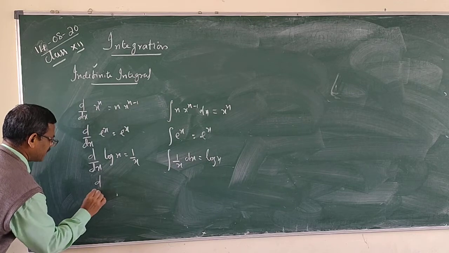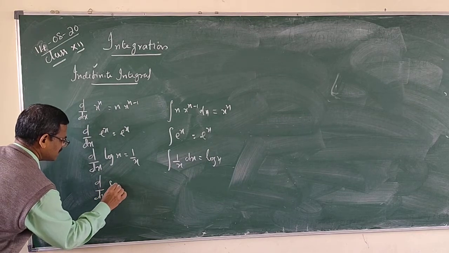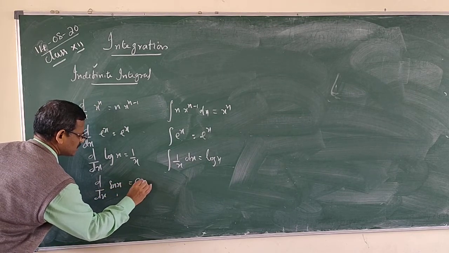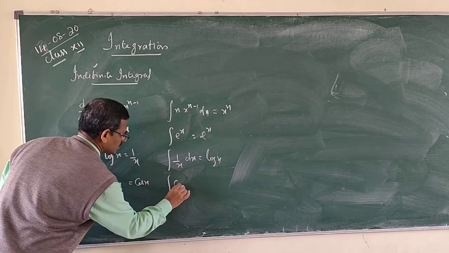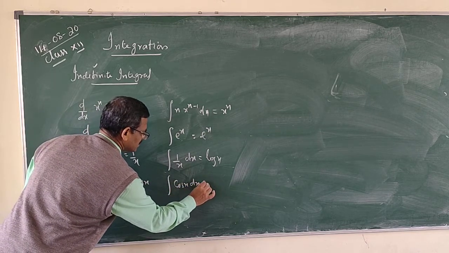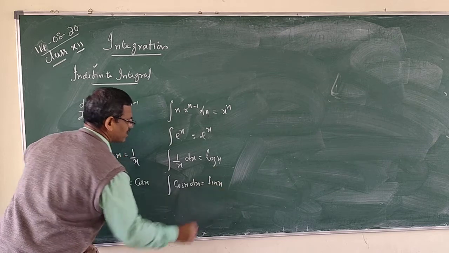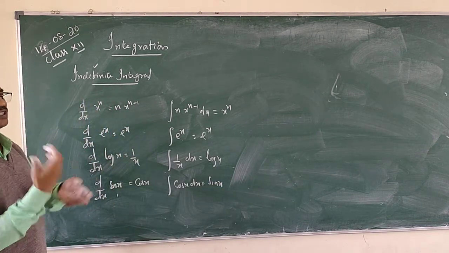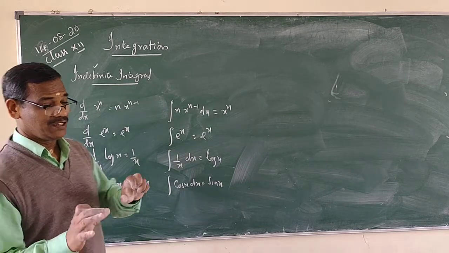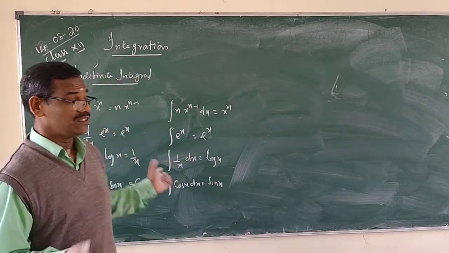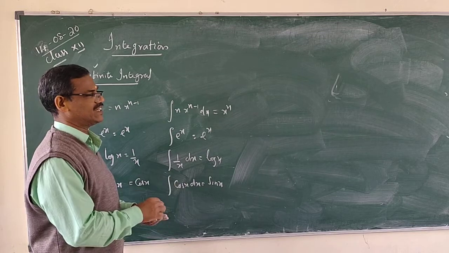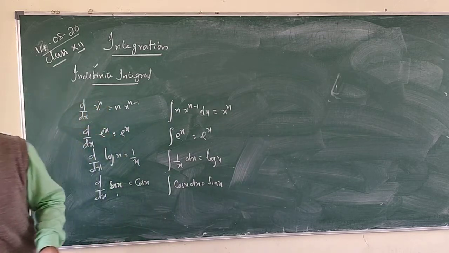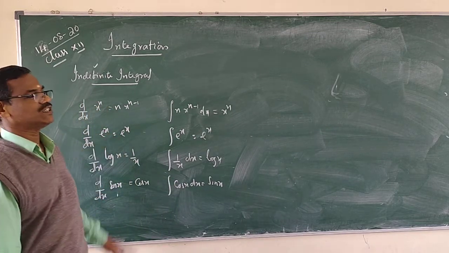And we know that d by dx of sin x is cos x. So the integral of cos x is sin x. So everywhere you can see that you require differentiation. Once you start studying integration, it should not be confused with the process of differentiation and integration. That is why I told you that you should be thorough with the differentiation process.